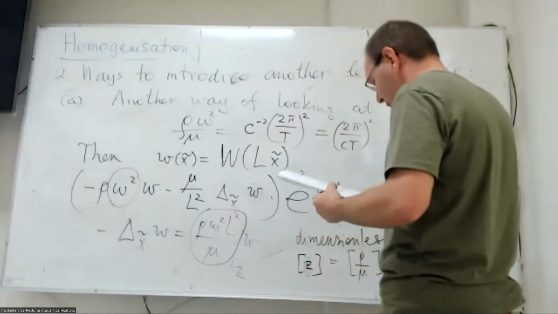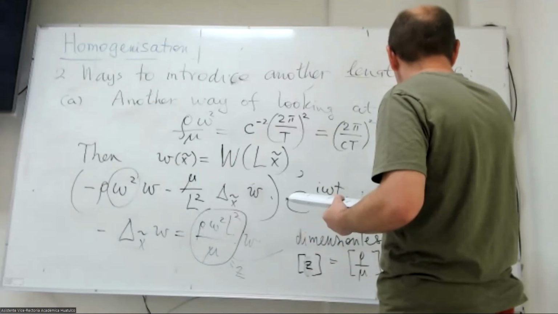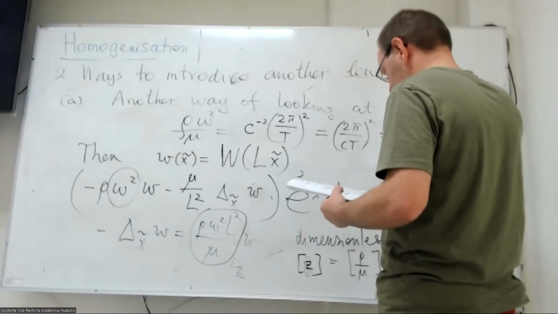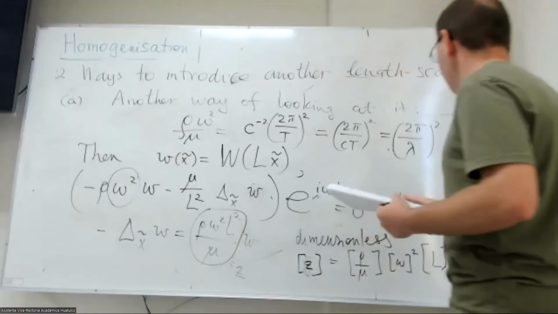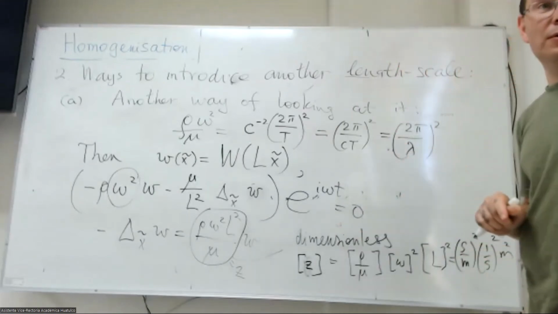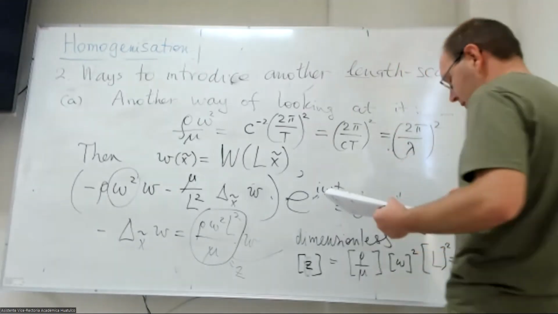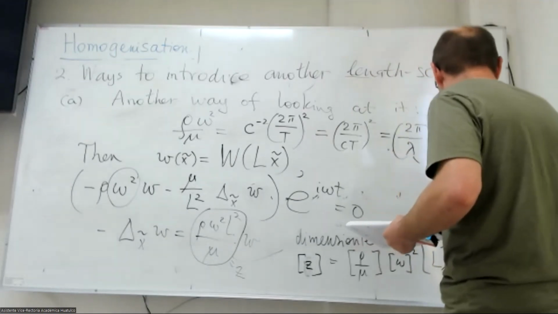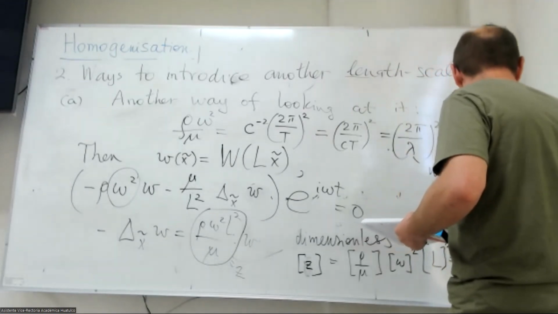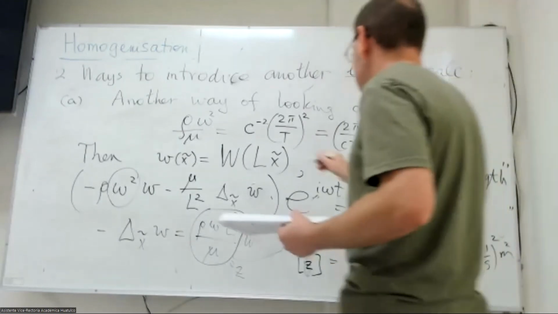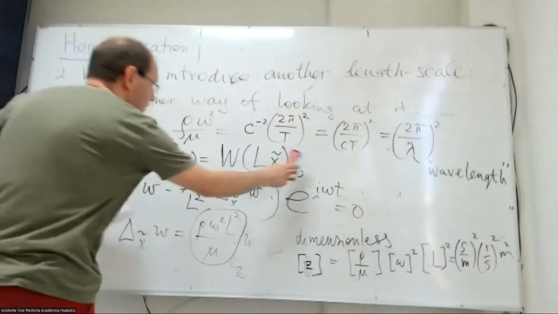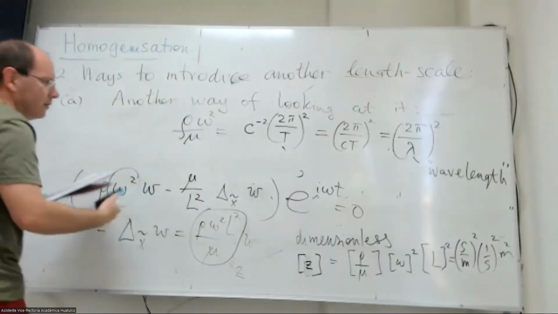The reason is because I want to introduce it now. So now this is where the wavelength comes in. Okay, so this is the wavelength. And c is the wave speed in free space.